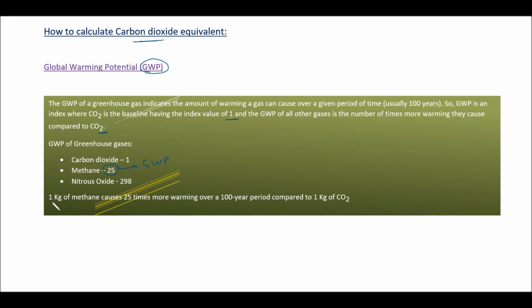So if the quantity is the same, that is 1 kg of methane and 1 kg of CO2, what this is saying is that if the GWP of methane is 25, 1 kg of methane causes 25 times more warming than 1 kg of CO2.